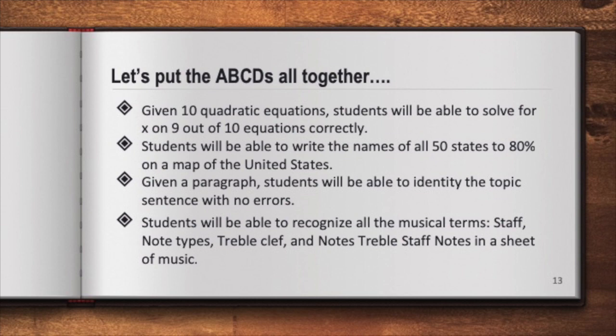And finally, students will be able to recognize all the musical terms, staff, note types, treble clef, and notes on the treble staff in a sheet of music. Students will be able to is your audience. Recognize is your verb. And then you have that list of things that they will have to know. And the condition is given a sheet of music. And the question is, well, what's the degree? Notice it says all. So therefore you have the ABCDs.